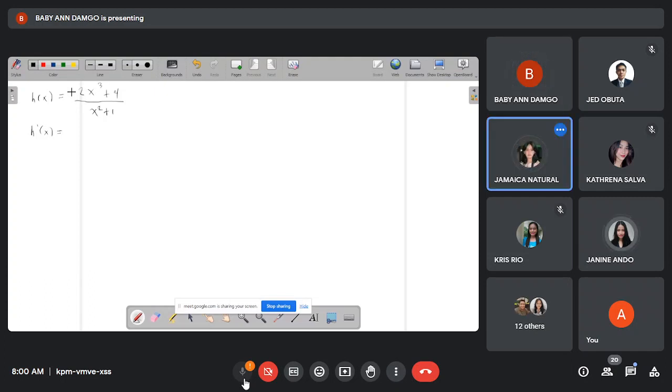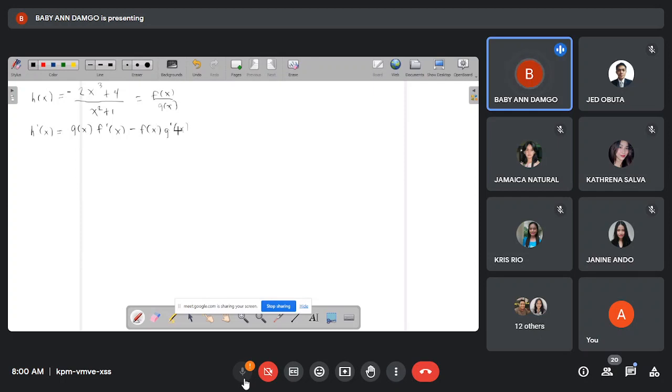Ikaw pa, Miss. Sige, ako sa lang. So, this is of the form f of x over g of x. So, this is equal to your g of x times f prime of x minus the f of x times g prime of x all over g of x to the power of 2.